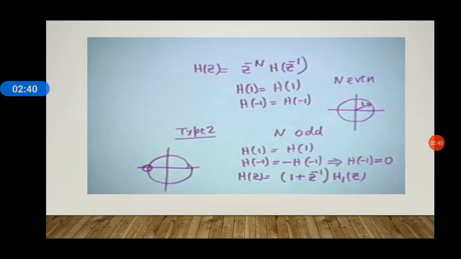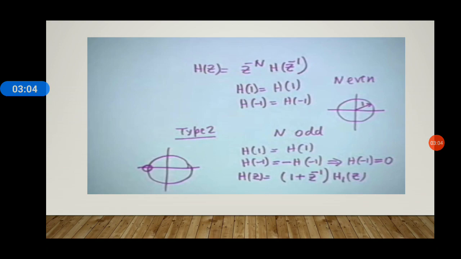Now similarly for the type 2 FIR filter, we will have H(z) equal to z to the power minus N H(z to the power minus 1), where N would be odd. Now if N is odd, then we find h(1) will be equal to h(1), but h(-1) would be equal to minus of h(-1), that is h(-1) comes up to be 0.